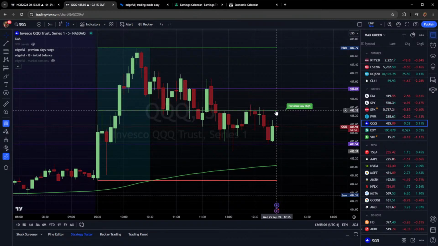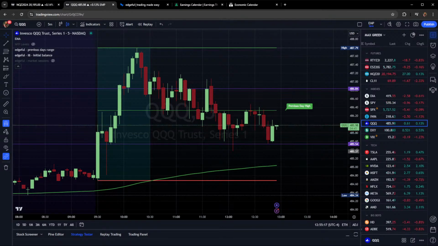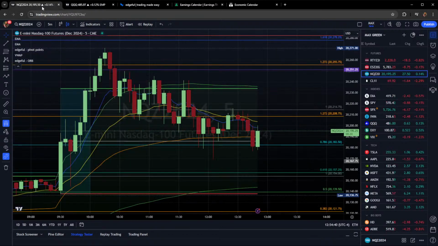At this point, we need this to hold and this to break, or this breaks and we go back up here. I was expecting this stream to be an hour top. And here we are sitting in the same trade since right here.